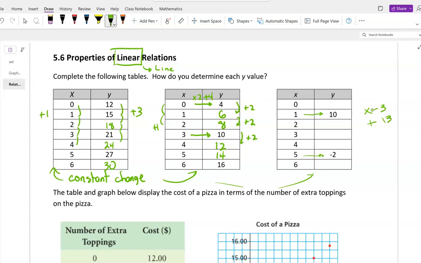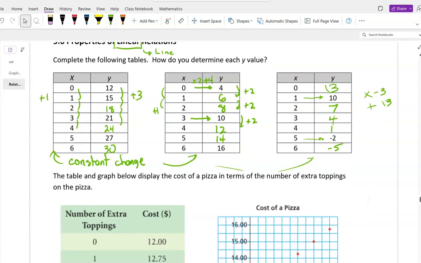Add 13. Okay, so yeah, that's going to do it. So multiply by -3, add 13. And you can see now that I'm going up by 3 every time, or sorry, down by 3 every time. Okay, so that's what a linear relationship is.